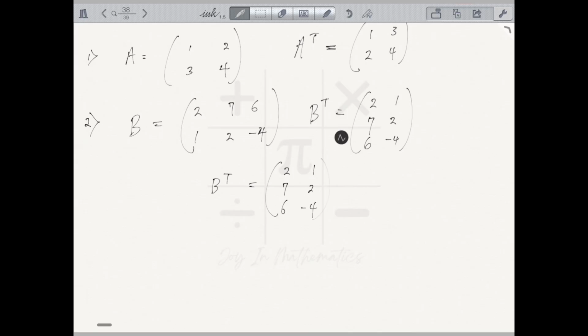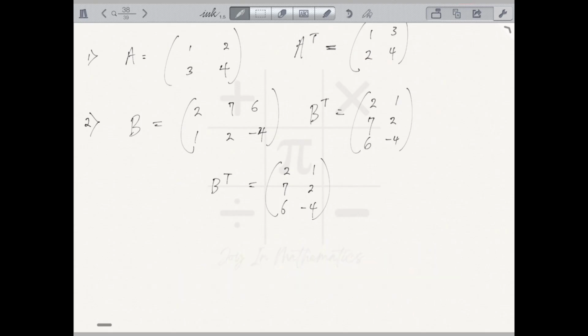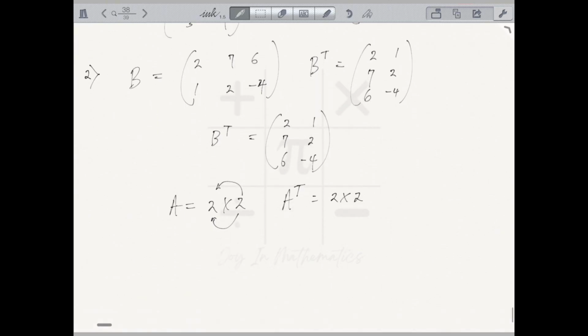Now, the beautiful thing about the transpose of a matrix is that the order is mirrored. So let's take, for instance, A. In the first example, I have A as a 2 by 2 matrix, and now A transpose is interchanged like we did earlier, which results in a 2 by 2 matrix.